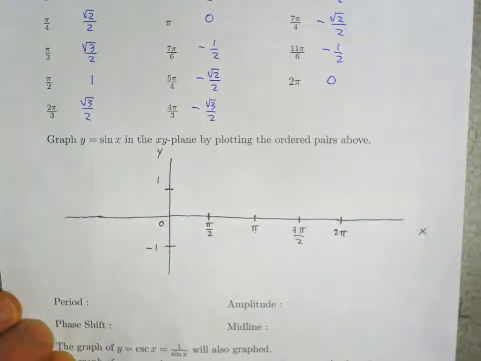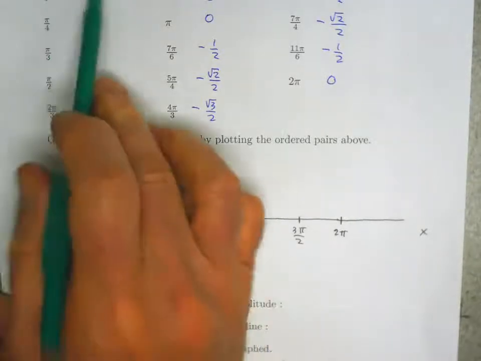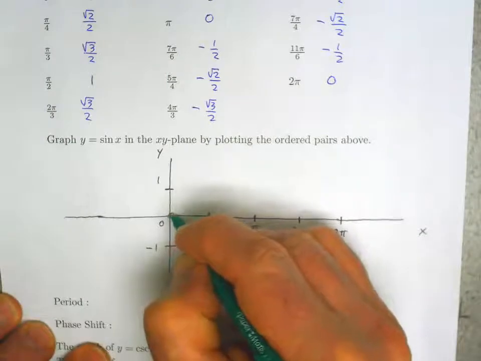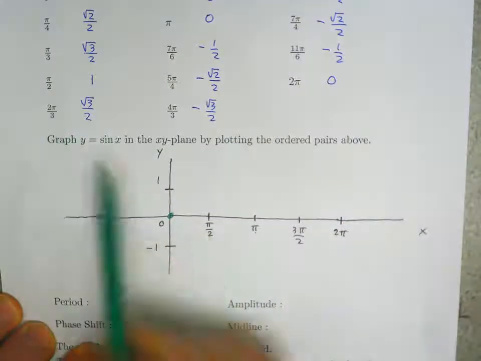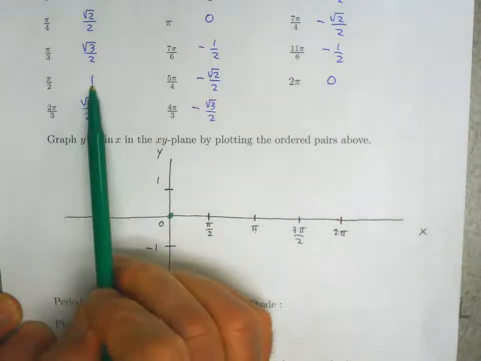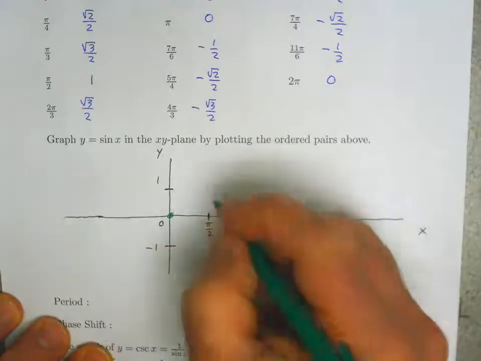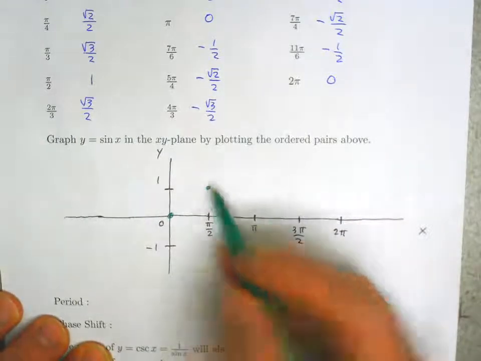So now we'll just plot the points. One ordered pair is 0, 0. Let's jump down to what happens when the x value is pi over 2. When x is pi over 2, sine of pi over 2 is 1. So we get this point on the graph, pi over 2, 1.